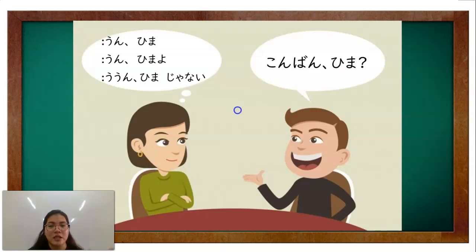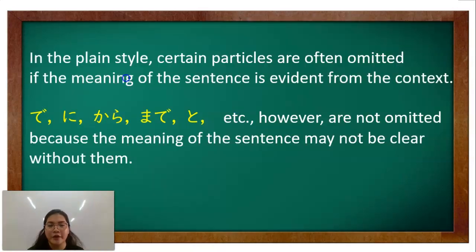Okay, so as you can see, hindi na gumagamit ng da ang woman. Okay, because it's kind of too rough to say the na or noun adjective. In the plain style, certain particles are often omitted if the meaning of the sentence is evident from the context. So, mostly tinatanggal na yung mga basic particles natin, katulad ng mga wa or o. Okay?